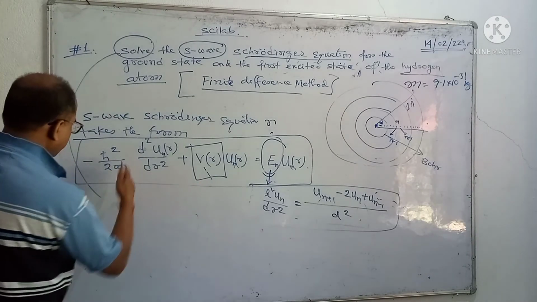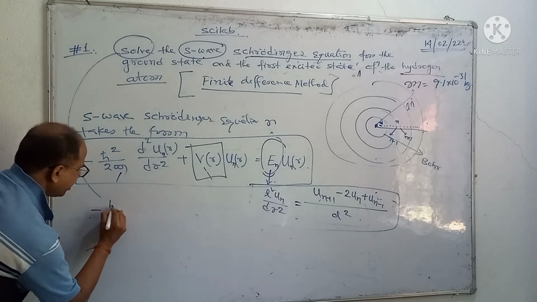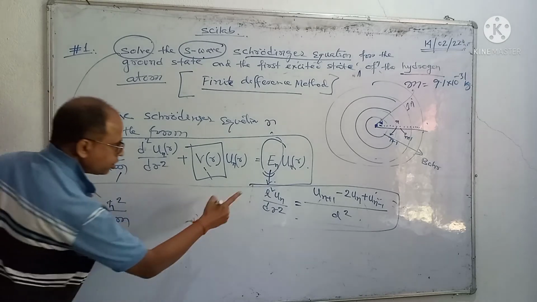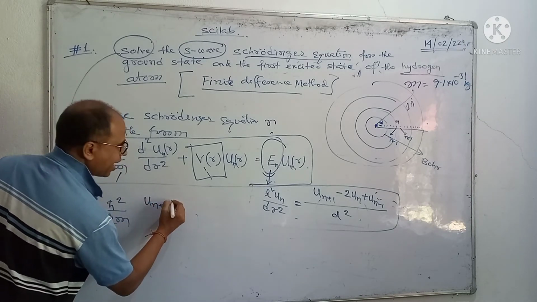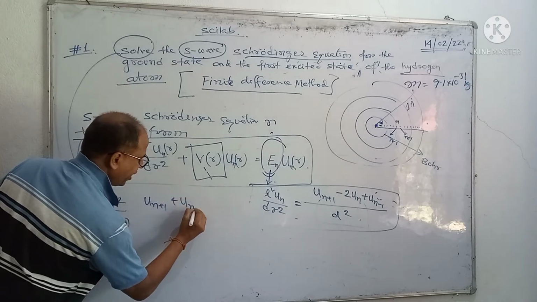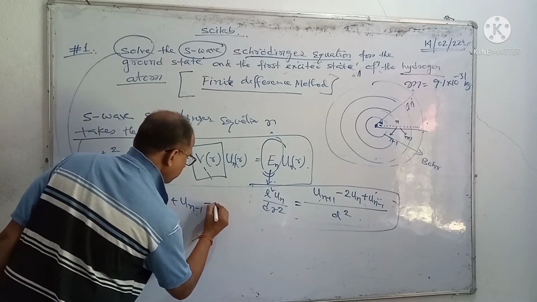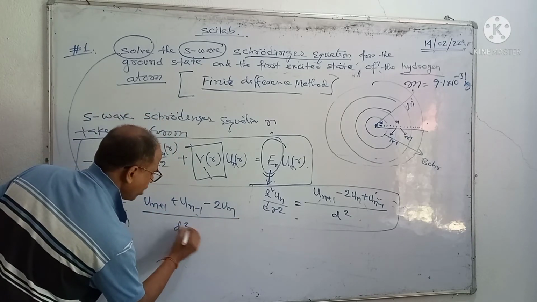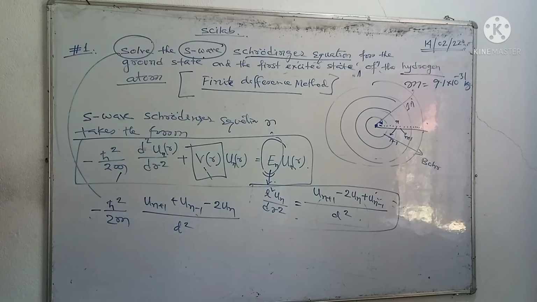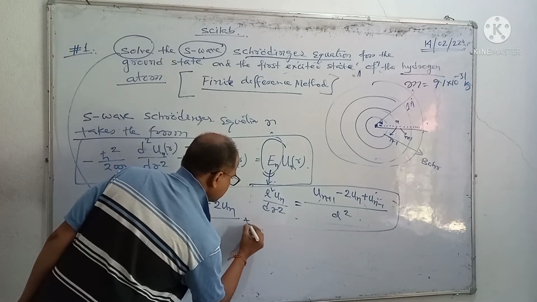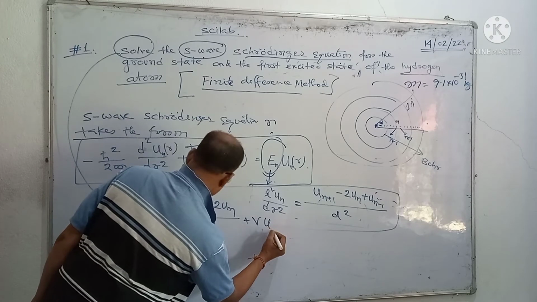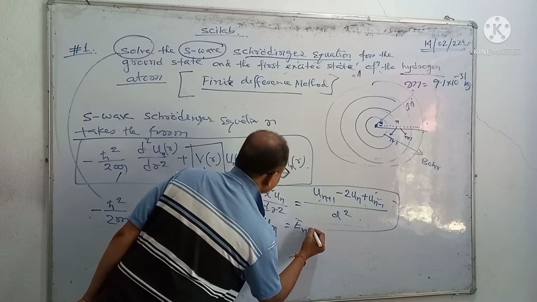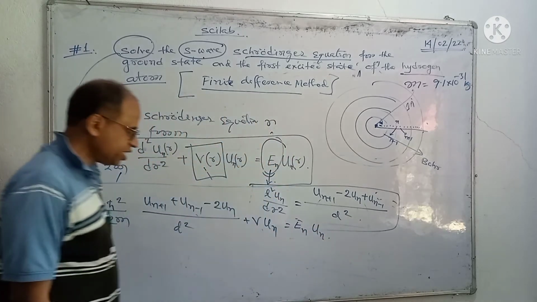Substituting this in the Schrodinger equation, we get minus h cut square by 2m, un plus 1 plus un minus 1 minus 2un by d square, plus V into un equal to En into un. This is the equation.